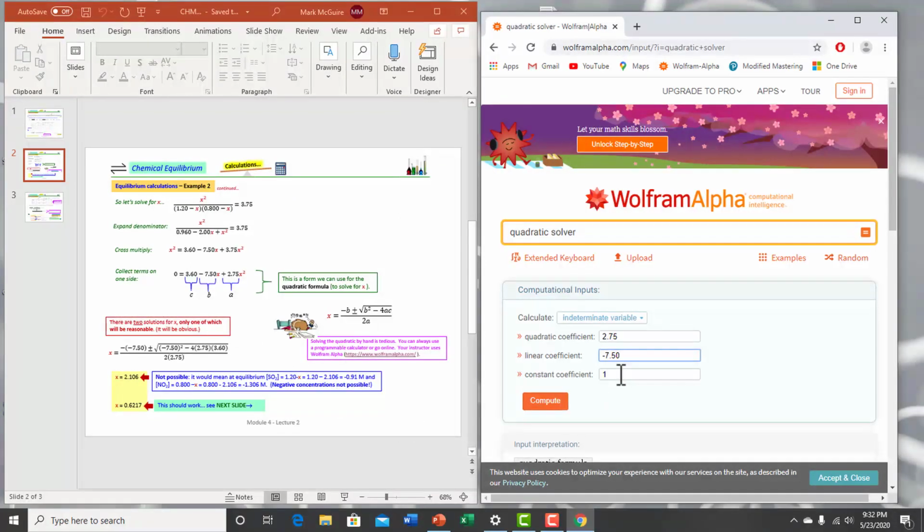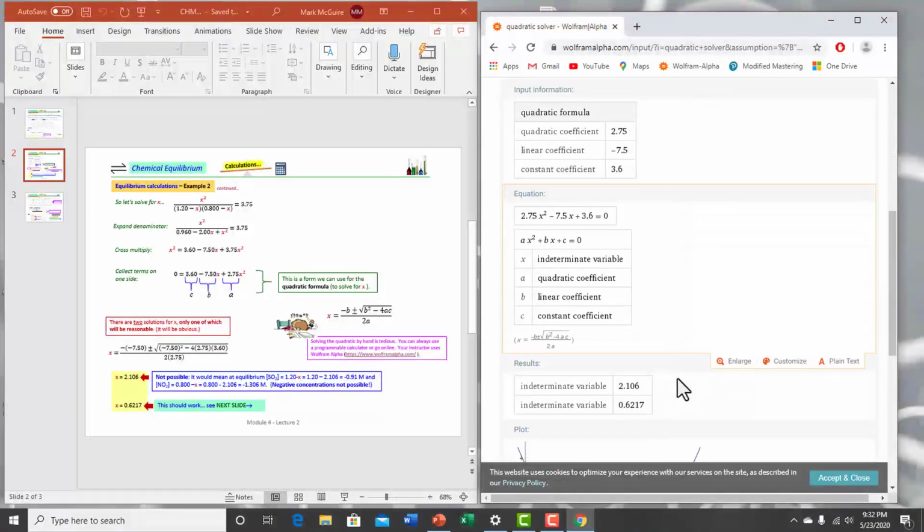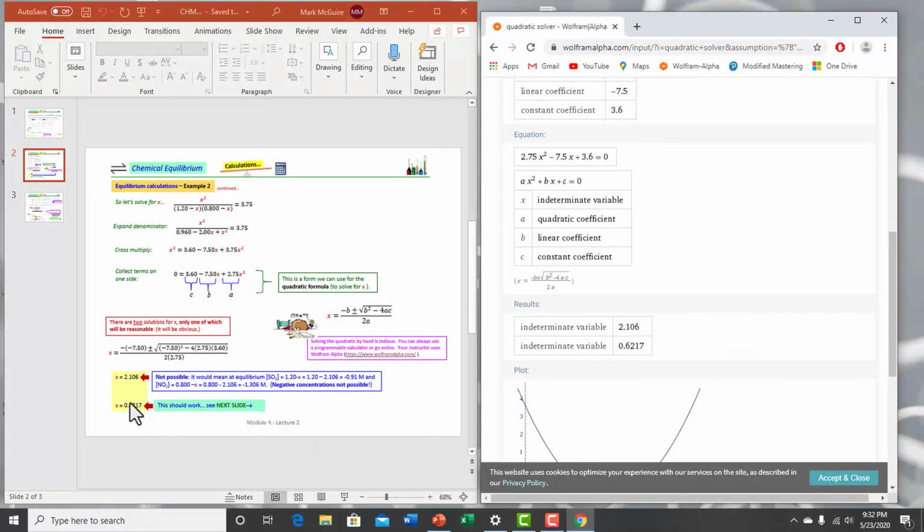And the constant coefficient is the c term, or 3.6. If I put those numbers in and click compute and scroll down, you'll see we get our two values of x, 2.106, 0.6217, for some reason already rounded off nicely.